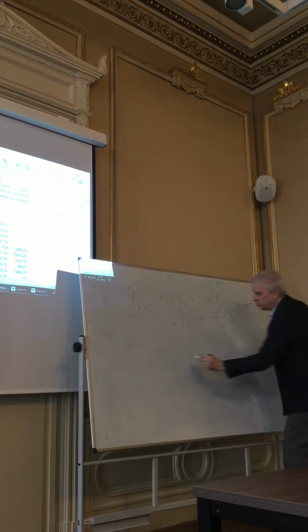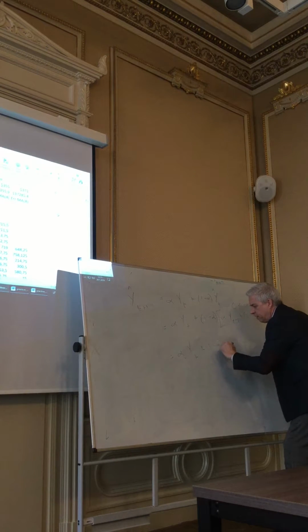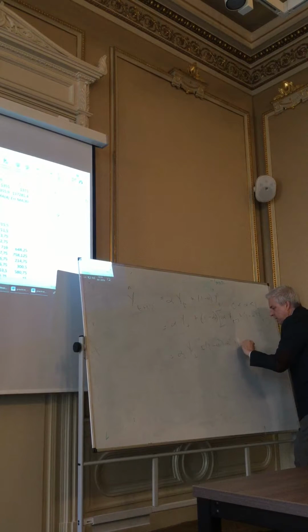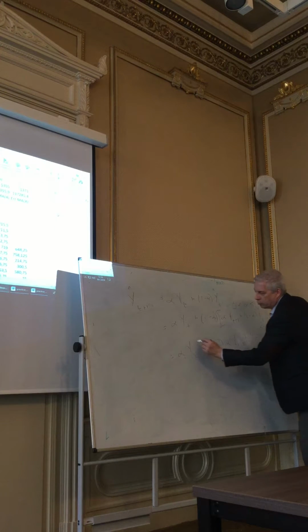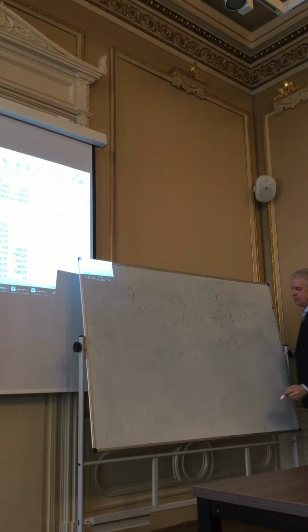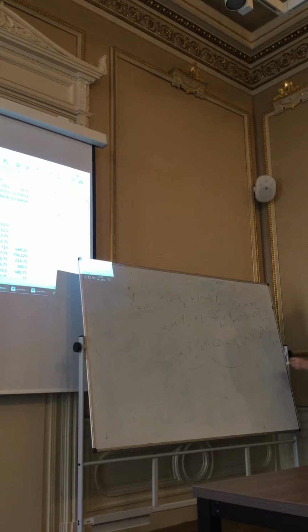Doing a little bit of algebra, I've got alpha times Y_T plus alpha(1 minus alpha) times Y_(T-1) plus (1 minus alpha) squared times the forecast. So this forecast is really using some of what happened today, some of what happened yesterday, and yesterday's forecast.